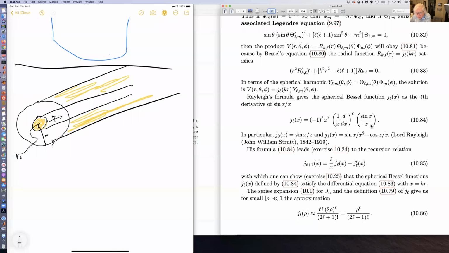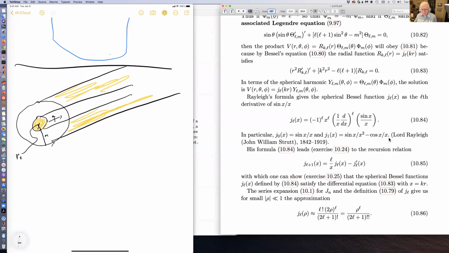Notice that sine x over x is well behaved at x equals 0 because at small x, sine of x is equal to x. In particular, Rayleigh's formula gives us that J0 is just sine x over x. J1 is sine x over x squared minus cosine x over x. So these are really very, very nice functions compared to the cylindrical Bessel functions.